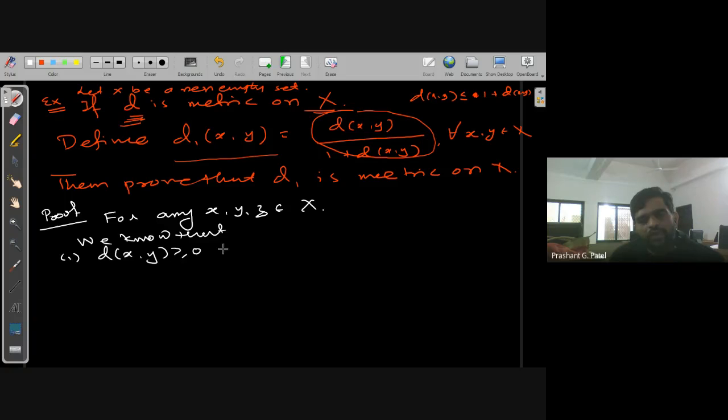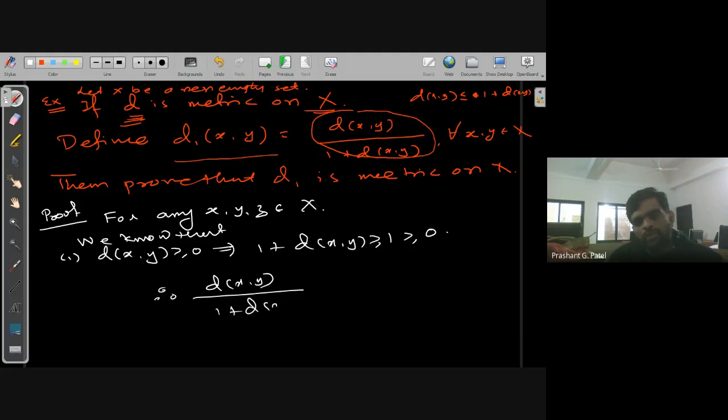So d of xy is greater than or equal to 0, which implies that 1 plus d of xy is greater than or equal to 1, which is greater than or equal to 0. So therefore, d of xy upon 1 plus d of xy is greater than or equal to 0. And so d1 of xy is greater than or equal to 0 for any x, y belongs to X. So the first property is true.